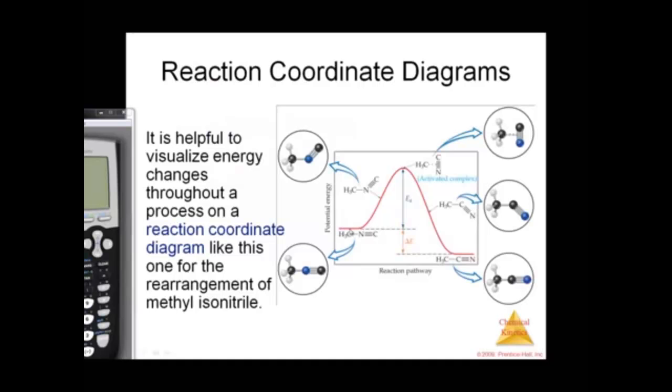We start with this reactant. There's some rearranging that occurs. Okay, we reach this activated complex and then end up at a new product down here. Okay, so it's this rearranging of the molecule as things go that causes this activated complex or the transition state. Okay?